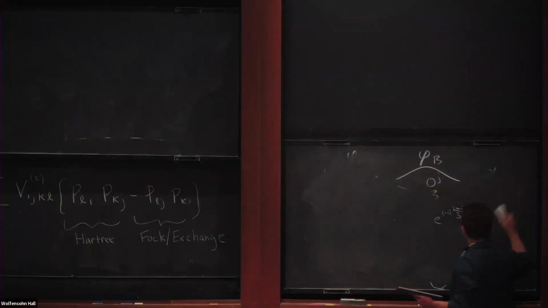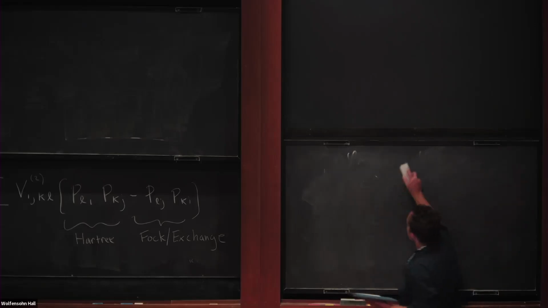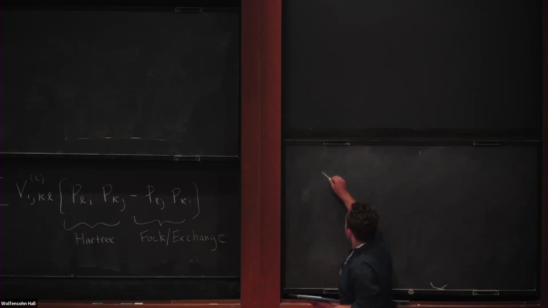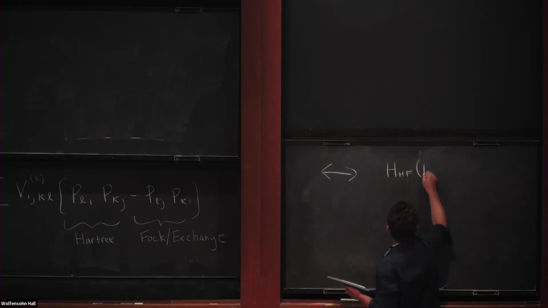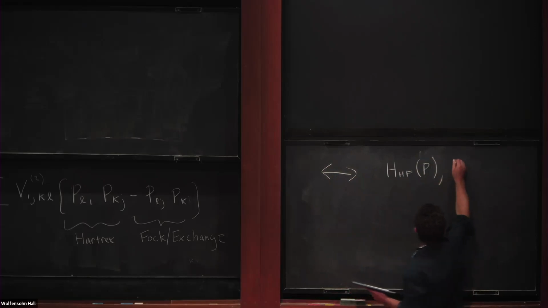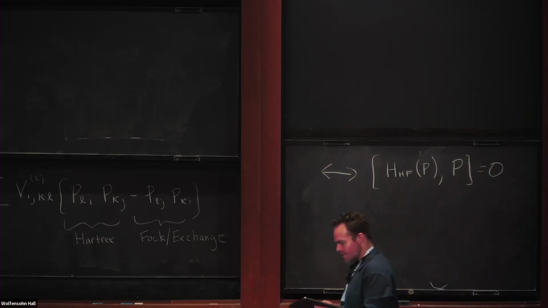Using the fact that on the constrained manifold, P squared is equal to P, you can show that that condition is satisfied if and only if the Hartree-Fock Hamiltonian for the current guess P commutes with P. I leave that part as an exercise to the reader, and it's not too hard.